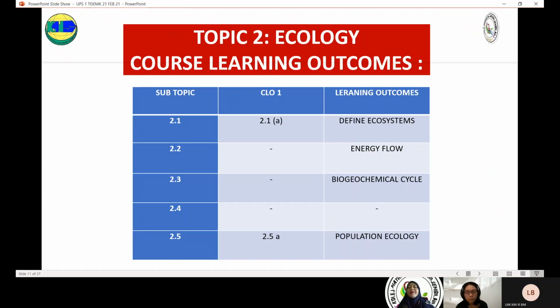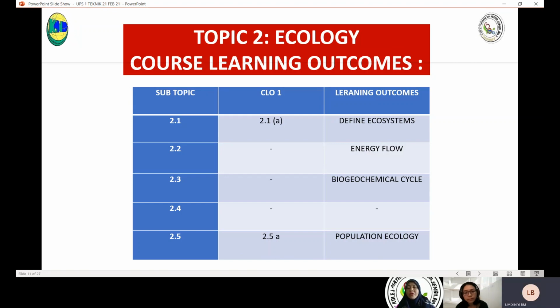And for the biogeochemical cycle, maybe the question will ask about the carbon cycle and also the nitrogen cycle, but very basic. The nitrogen cycle is related to the domain bacteria as well as the importance and role of bacteria, so you can relate it under the nitrogen cycle as well.